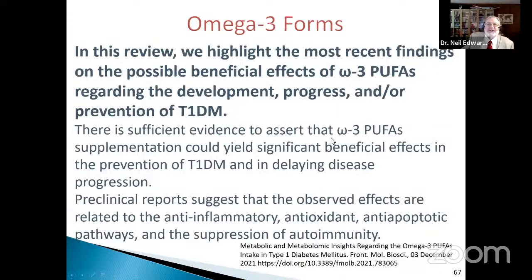Now, there's sufficient evidence to say that omega-3 can yield significant benefits in preventing type 1 diabetes and delaying disease progression by anti-inflammatory, antioxidant, anti-apoptotic pathways, and the suppression of autoimmunity.